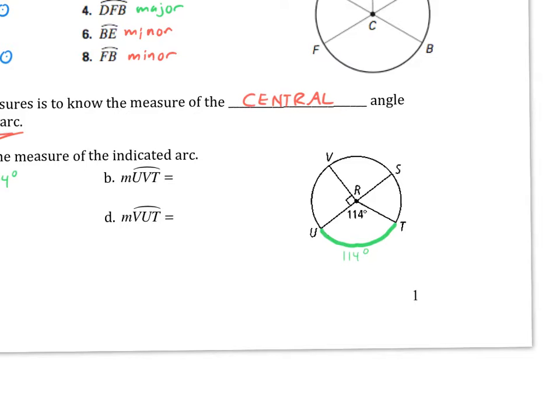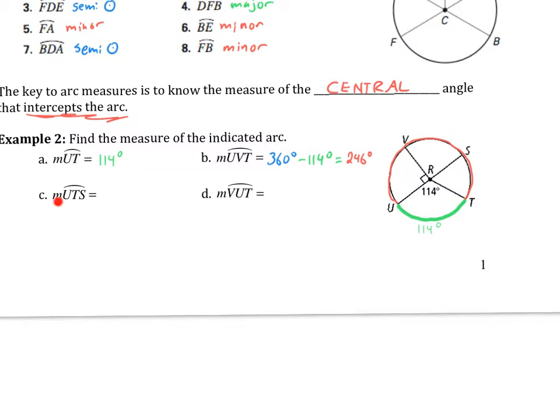So the measure of arc UVT is actually 360 degrees, subtract the 114. So think of it like supplementary-ish, or completing the circle. Also might think of complementary, could be the word as well. 246 degrees, because it's the leftover part from this minor.